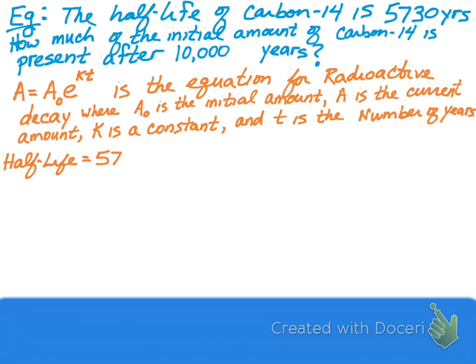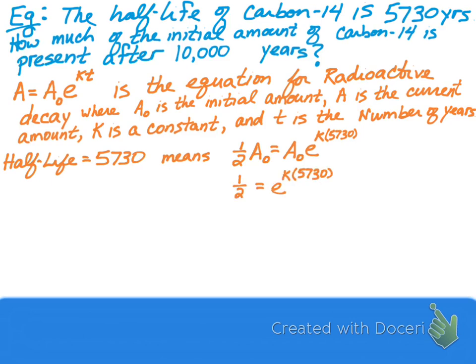So we have an equation, 1/2 A sub 0 equals A sub 0 times e to the k times 5,730. Solving for k, we can divide both sides by A sub 0. Then to undo an exponential function, we use logarithms.